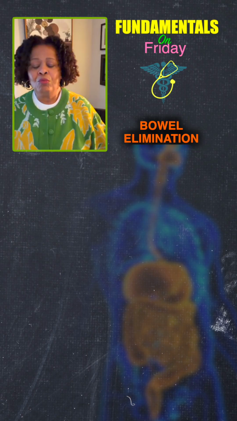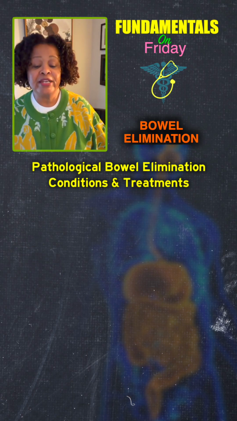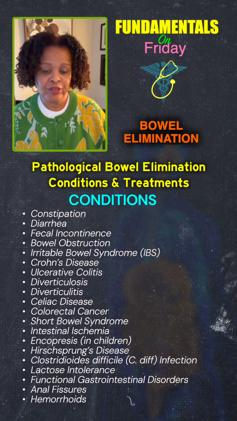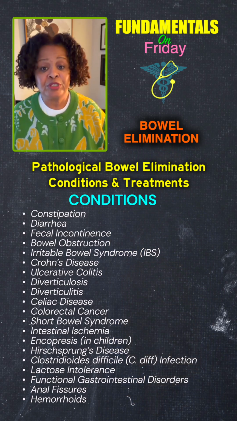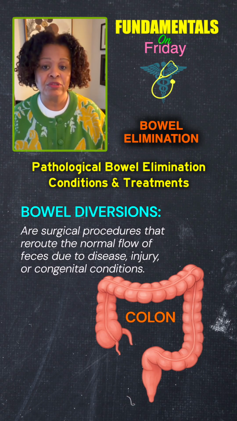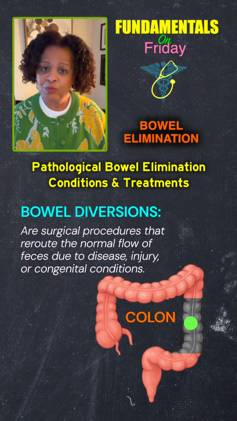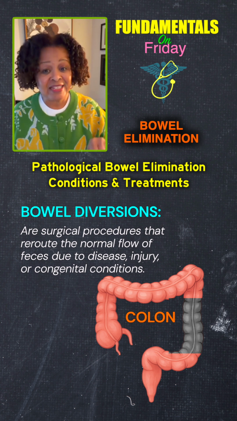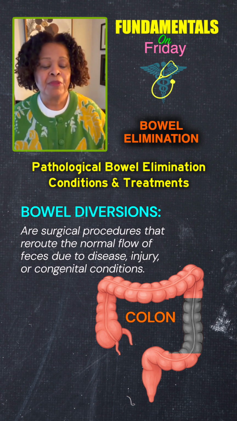One of the ways we treat pathological conditions with bowel elimination is what's called bowel diversions. This is where the diseased portion of the colon is actually removed. It could be small intestine or large intestine. It's removed and then anastomosed, or put back together.